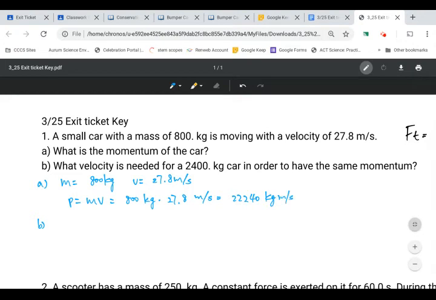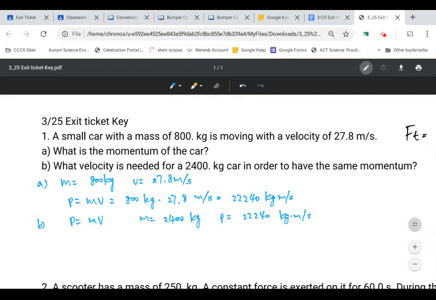Okay, so we use the same formula, p momentum equals mv. And here, our m is different. m is 2400 kilograms, and our momentum is what we got, 22,240 kilogram meters per second.